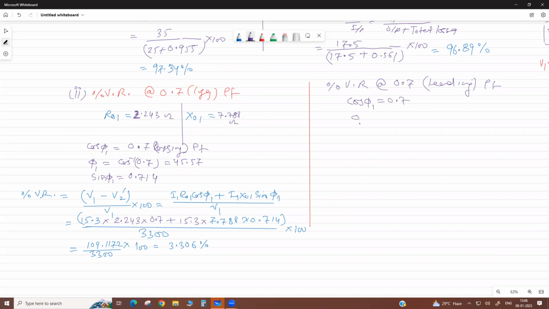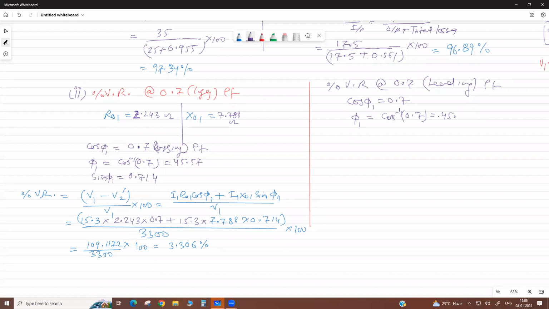Then we calculate phi 1, cos inverse, the same 45.57.